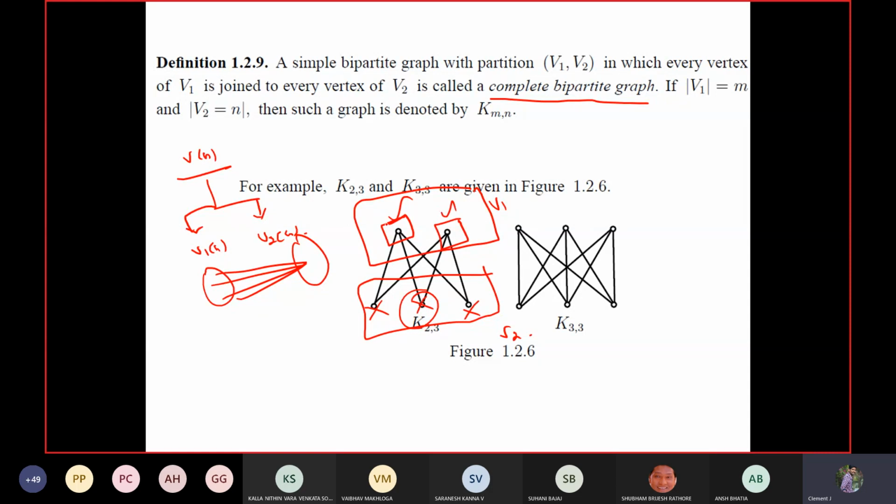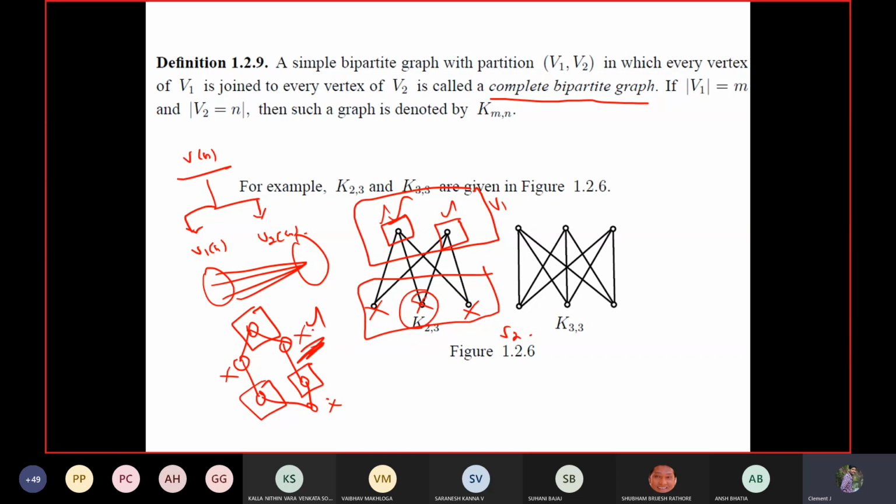But in the previous definition, bipartite, you can check. These three vertices are placed in the first subset, and these three are placed in the second subset. If you pick any one vertex, like this vertex, you can see it is not connected with this vertex.